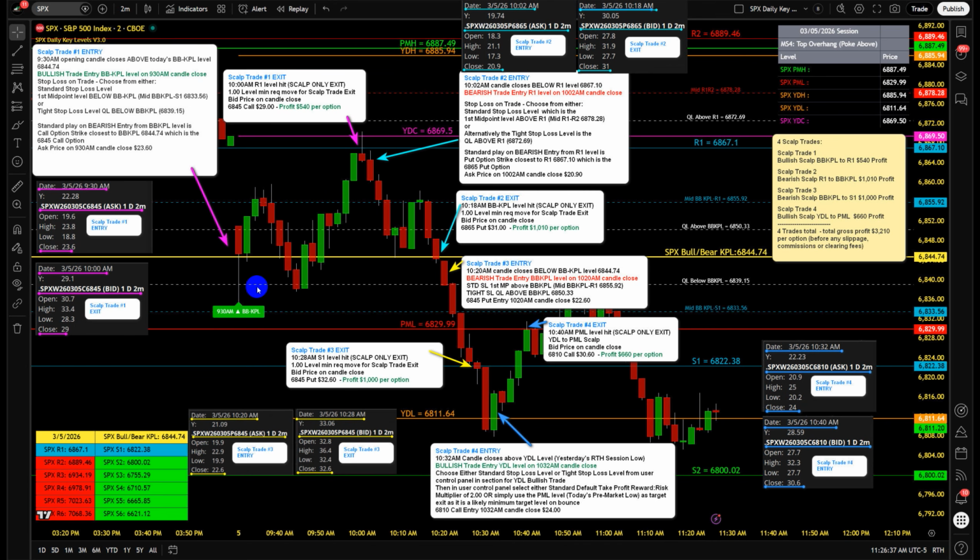So if you have the alert set with the acceptable range filter and you do not see the label after the first candle closes, then you know that that is a no trade. If you see the bullish one, then that is a bullish trade. If you see the bearish one, which would be the opposite of this, it would be a red label above and with an arrow pointing below for a bearish trade, then that would be your bearish entry signal for the 9:30 a.m. opening candle.